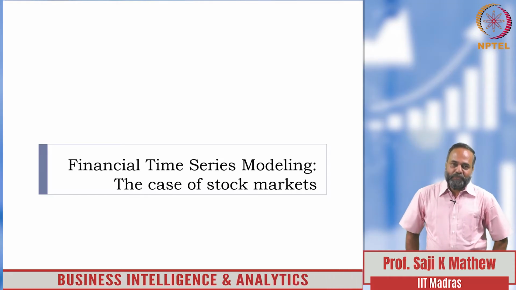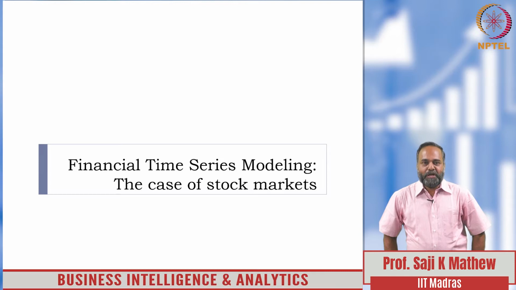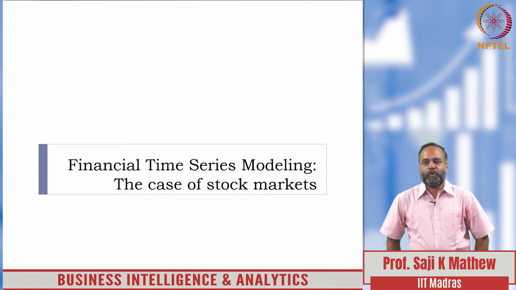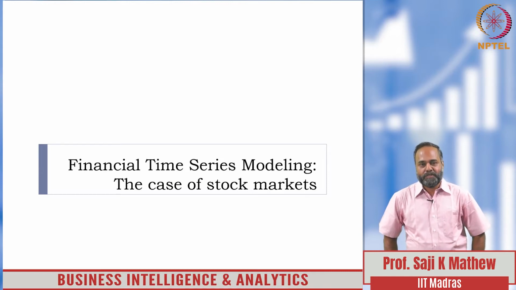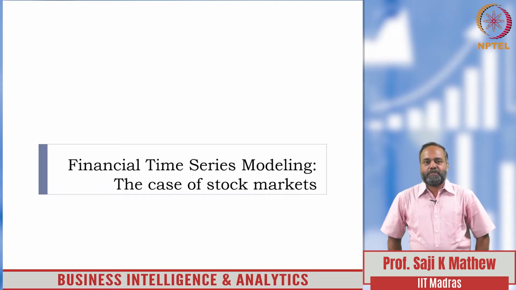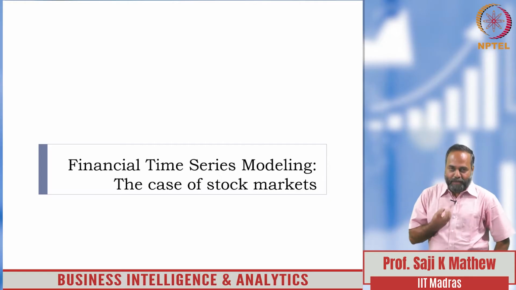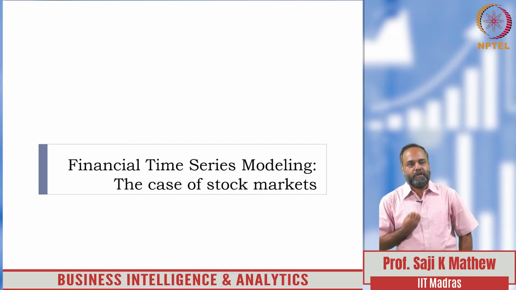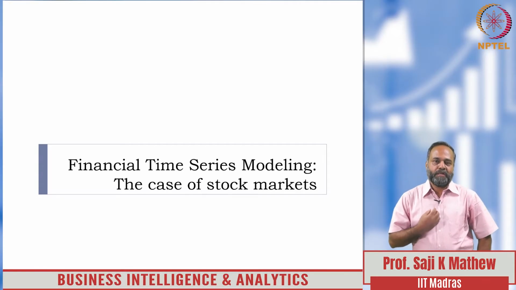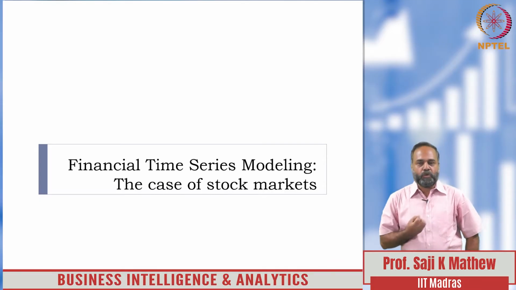During the last session, we learned certain fundamentals of neural networks, artificial neural networks. The idea was to give a very basic foundation of what is a neuron and how a neuron gets translated into an artificial neuron.